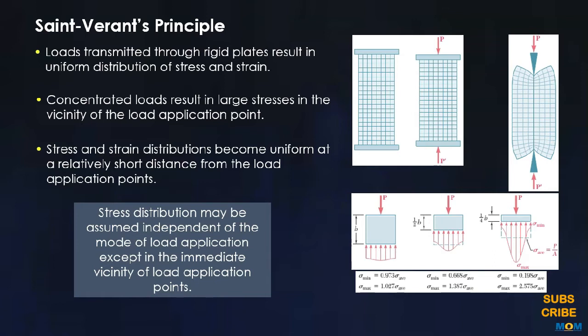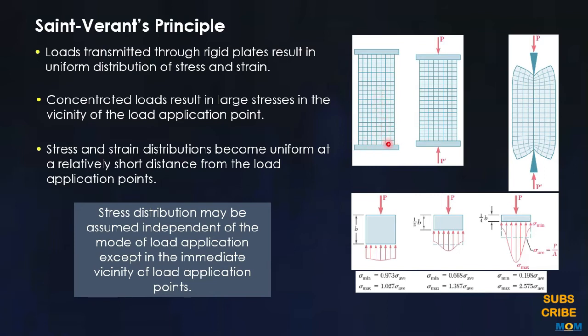Now one of the problems: once a member is subjected to loading, and load is applied uniformly by putting some metal on the members at the end of the members, and load is applied. Now this load is distributed evenly on the cross section of the member.